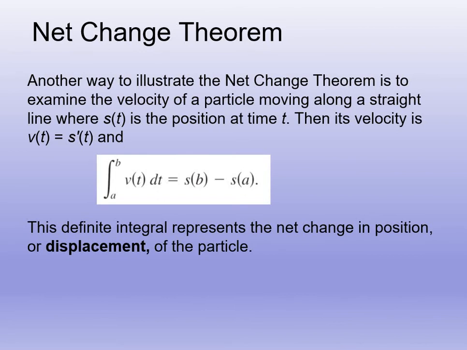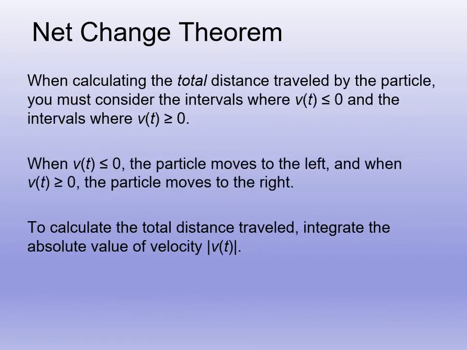Your displacement is 0. But if you drove 5 miles there and 5 miles back, the total distance you traveled was 10. Displacement is how far away you are from where you started. Total distance is how far you actually went in total, whether on the way there or the return path.